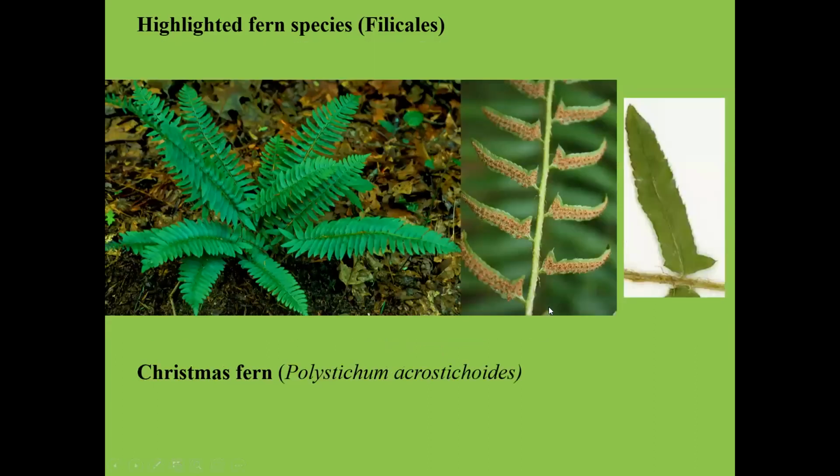All right. Next is Christmas fern. Christmas fern on the left, that's the whole plant. In the center photo here, you're seeing the underside of the leaves, and notice all of the sori. The way I remember Christmas fern is that the pinnule, or sorry, in this case, it would be pinna.